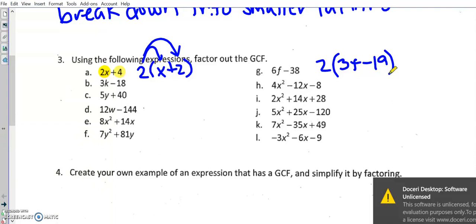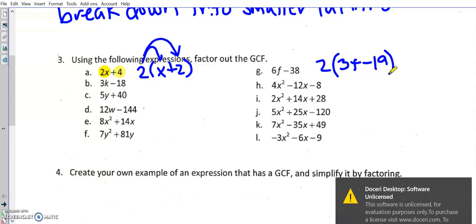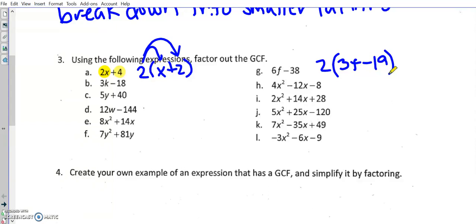Now there's 3 terms. So what is the greatest common factor that goes into all of those? 2, obviously, but think a little bit more. What also would go in? Because I know 4 goes into 4, 4 goes into 12, and 4 goes into 8.